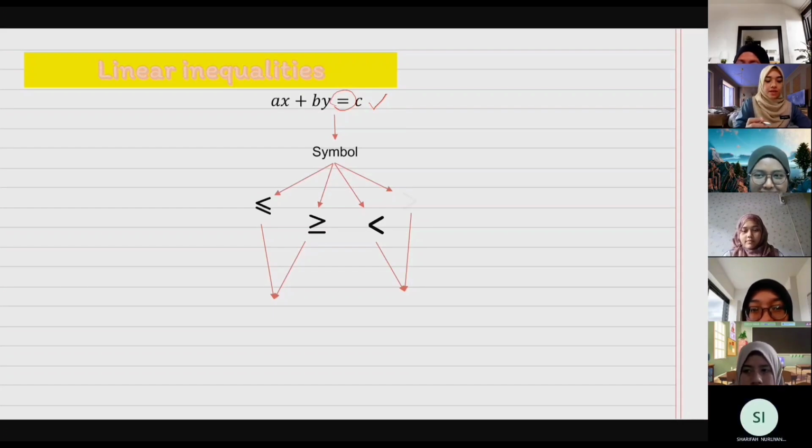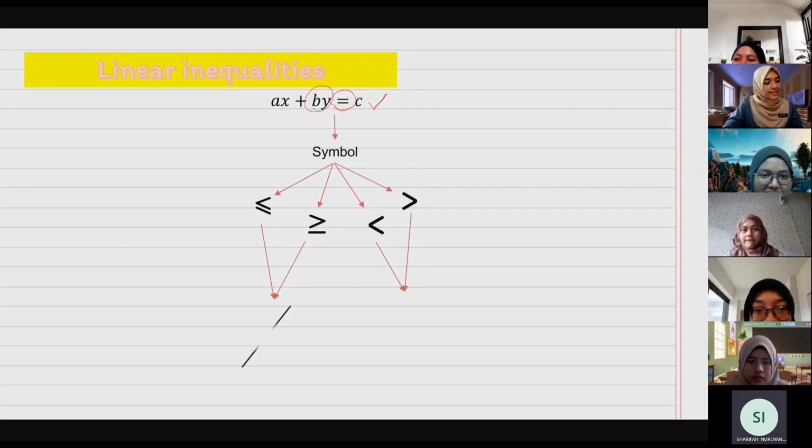We need to make sure that the value of y here is always positive. For less than or equal and greater than or equal, we need to use the solid line. For less than and greater than, we need to use the dot line.